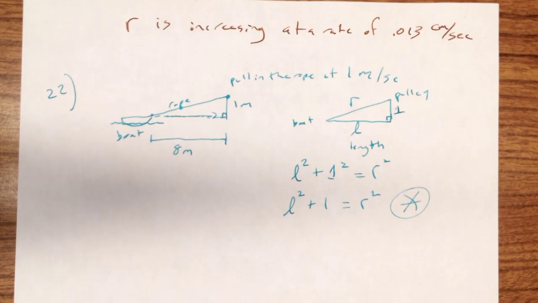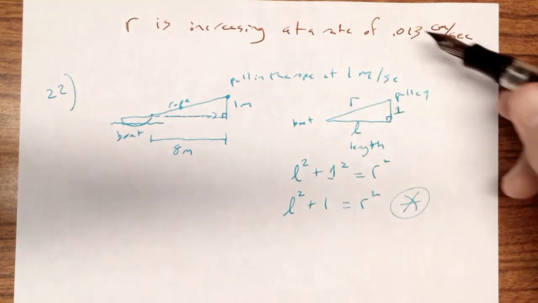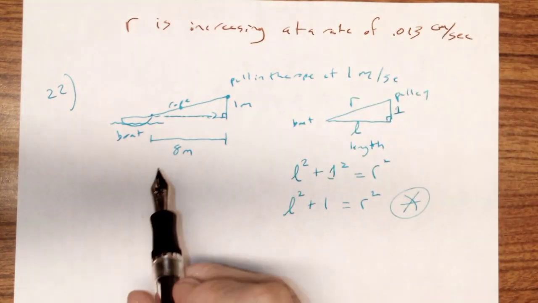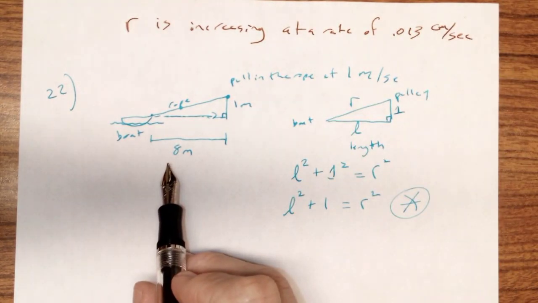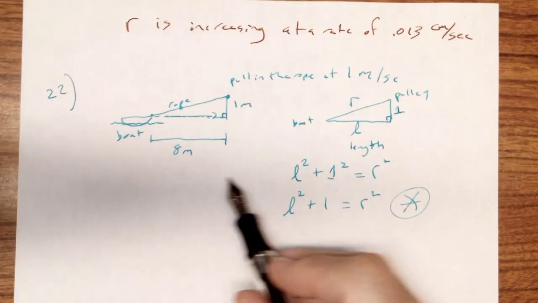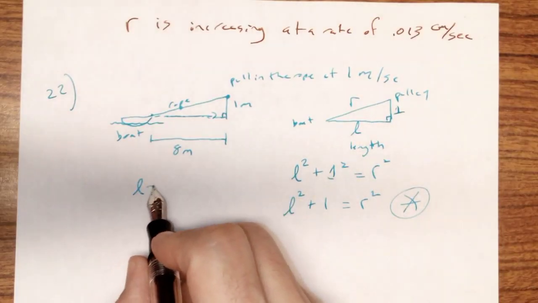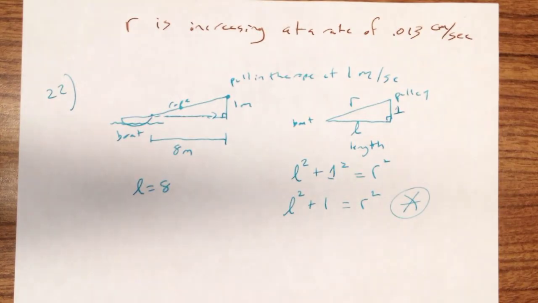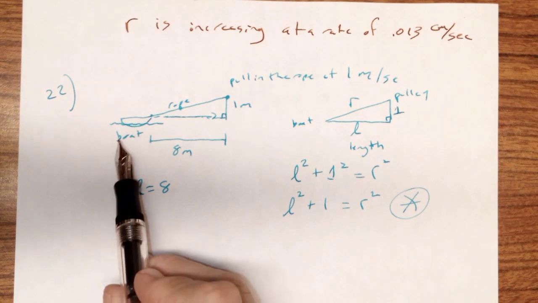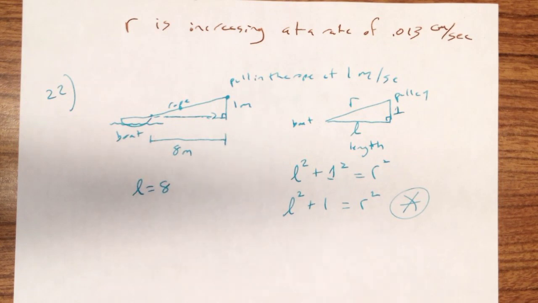Okay. I need you all to make a decision. I have some information here. This number 8, what does it relate to? Oh, it relates to L. What are we trying to find? We're trying to find how fast the boat is moving in.